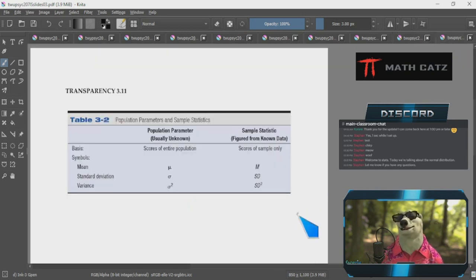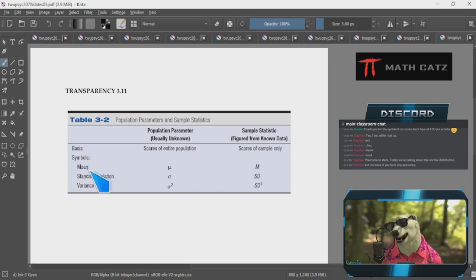So I want to end this video with an awareness. The difference between a population and a sample should be fairly obvious based on the pictures we just looked at. And to help distinguish these things in our minds, we're going to use different symbols to represent them.